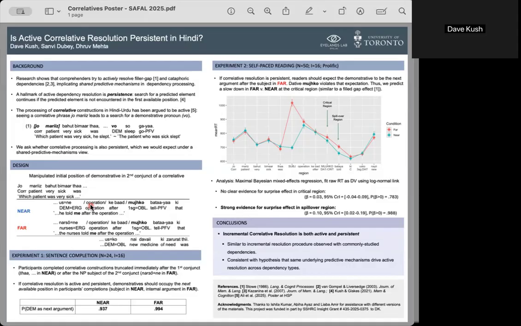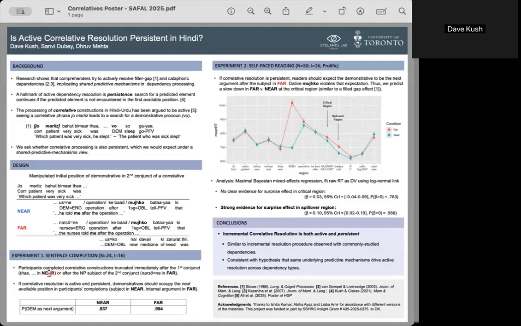We did this to get a quick sanity check to make sure that people would consistently predict a corresponding demonstrative in different positions. So we took the near condition and the far condition and truncated them in different places.